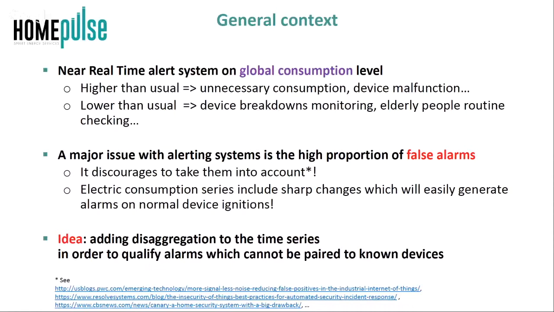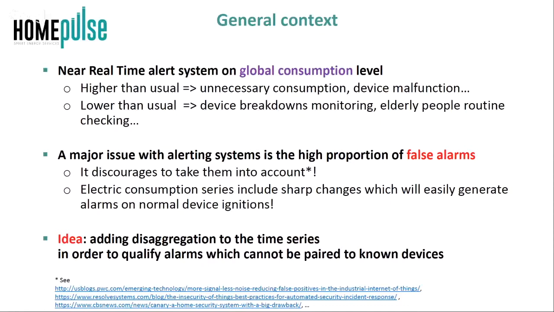And there is also another kind of alert, when the consumption is lower than expected. It can be an alert to show that there is a breakdown in an important device, or it can be useful to monitor the electrical routine of elderly people, just to check that everything is fine.